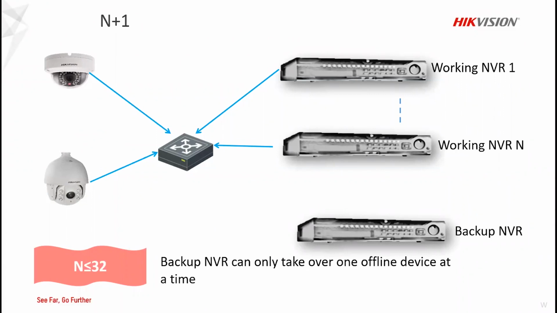When we are doing this N+1 hardware redundancy, the maximum we can go is up to 32. We can allocate one redundant offline device. So if you are using more than 32 devices, you have to separately add another device to cater this N+1 hardware redundancy.